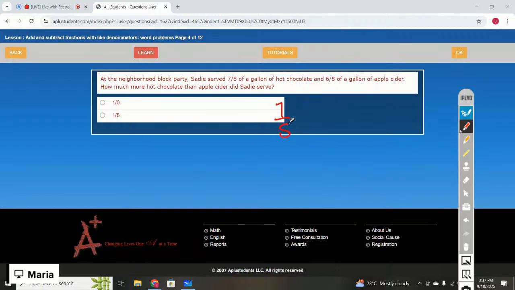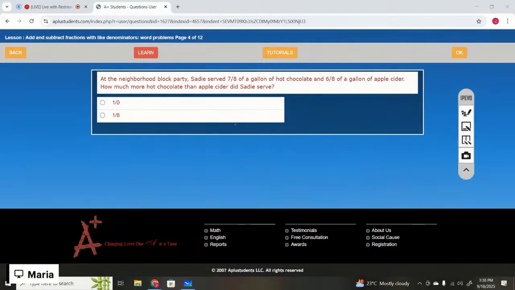Hot chocolate served 7/8 and apple cider 6/8. That is 1/8. Option number 2 is the correct option.